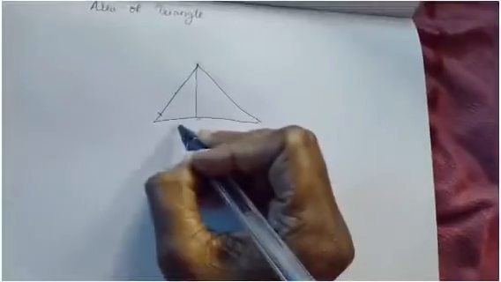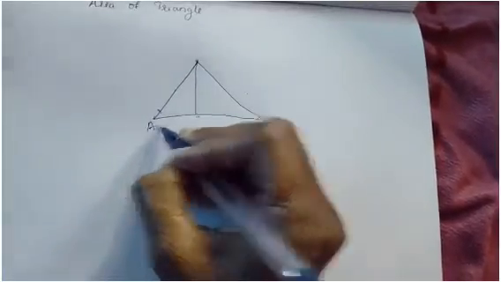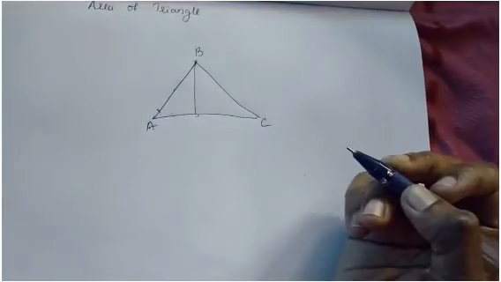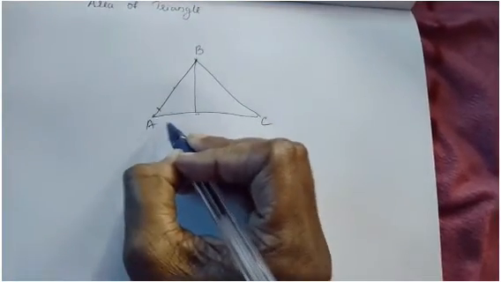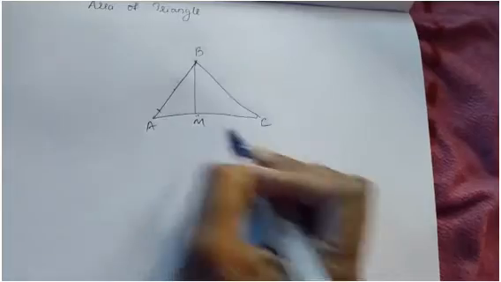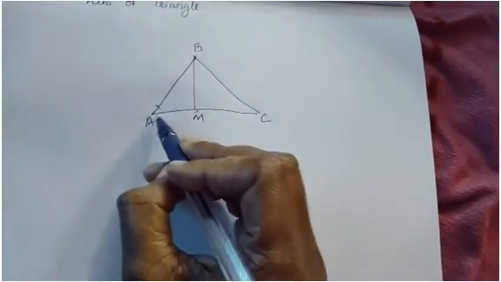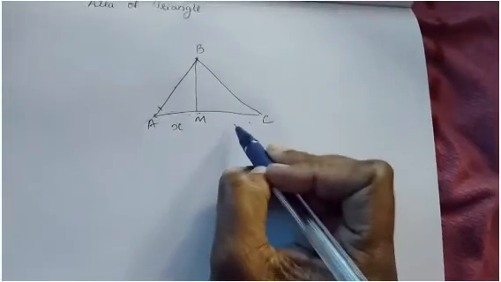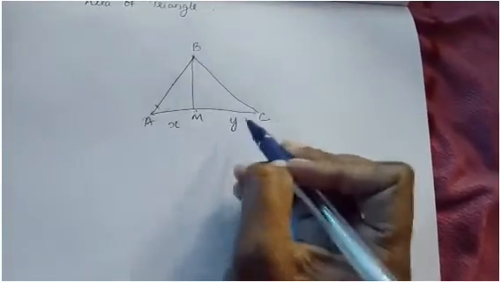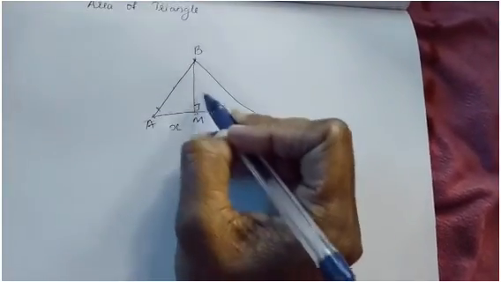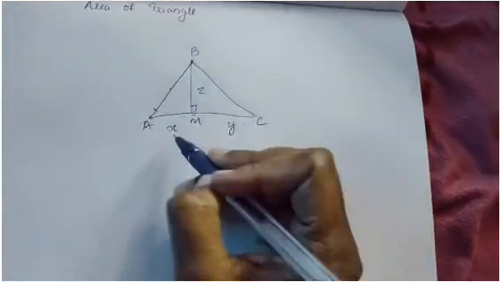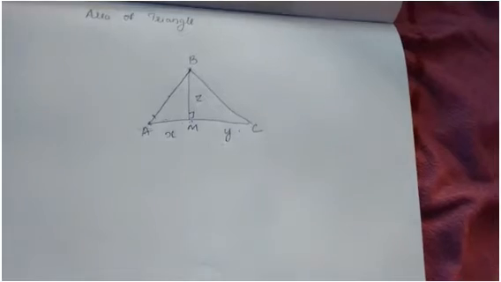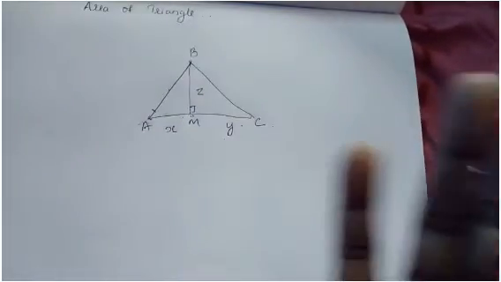If I give the names A, B, C, and here it is M, the distance between A and M be x, and M and C be y, and the perpendicular distance is z. Maybe x, y, z are any natural numbers, maybe 1, 2, 3, etc.